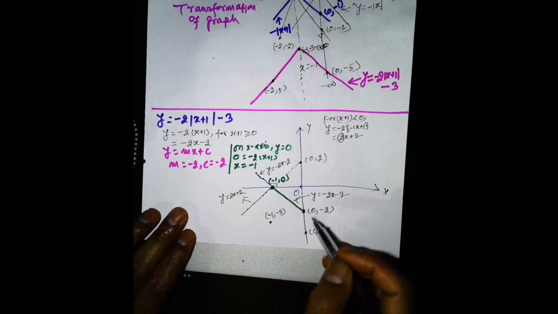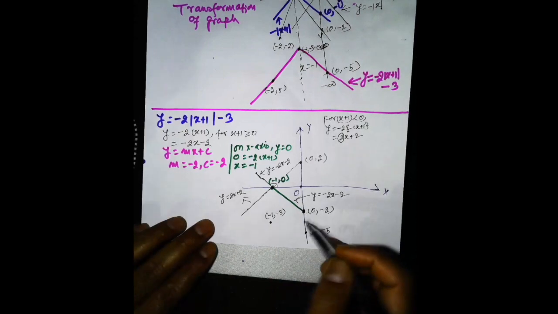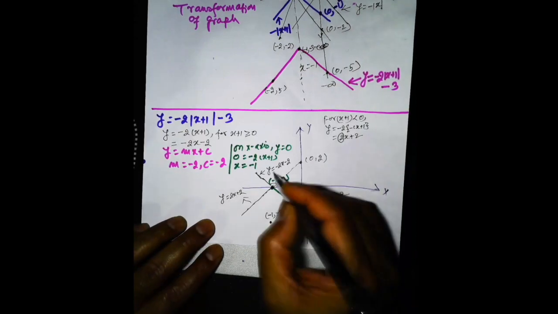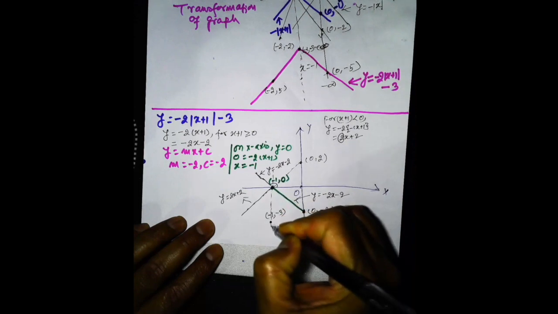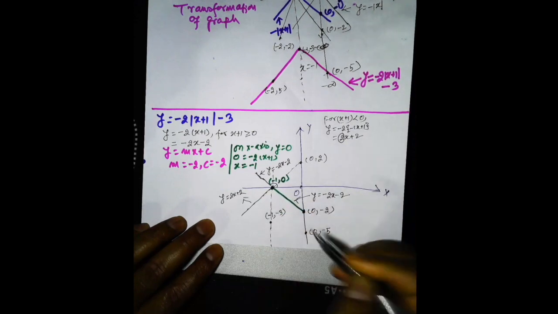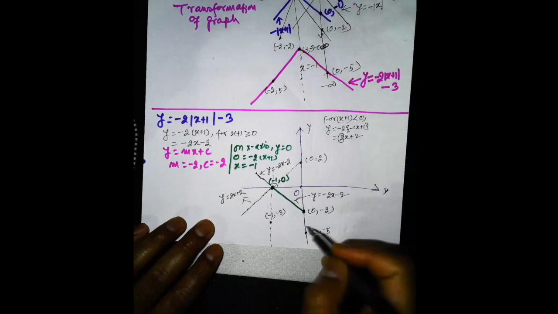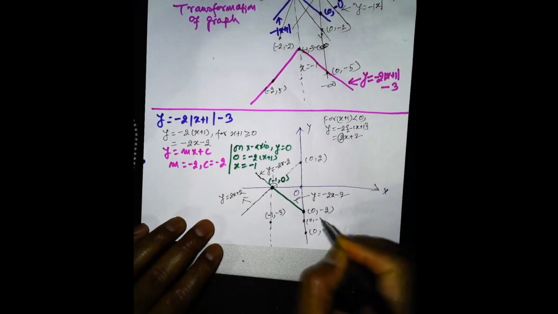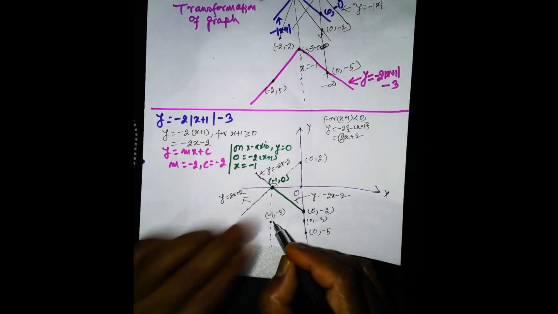And to the left of this, it is better to draw a line of reference, a line vertical to the y-axis, so that it will be easy to count. From here to here along the x-axis is -1.